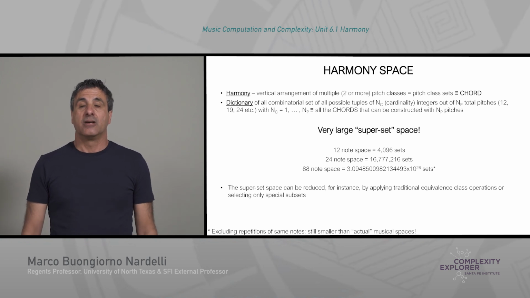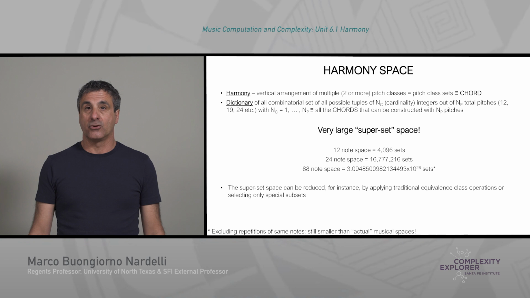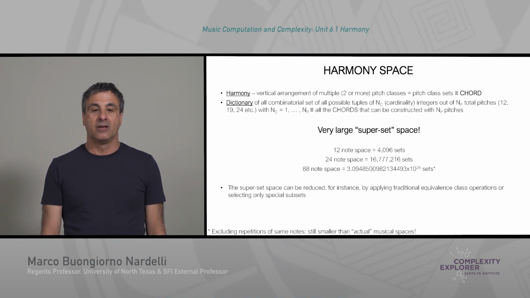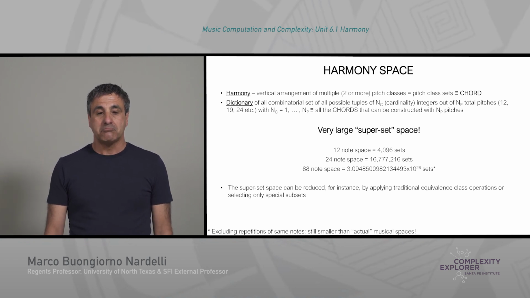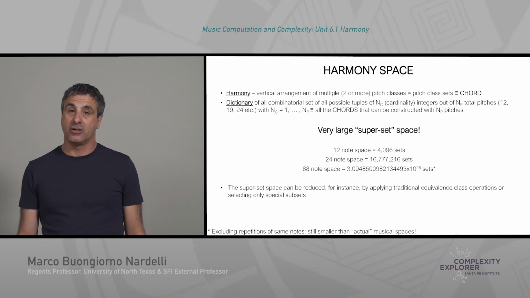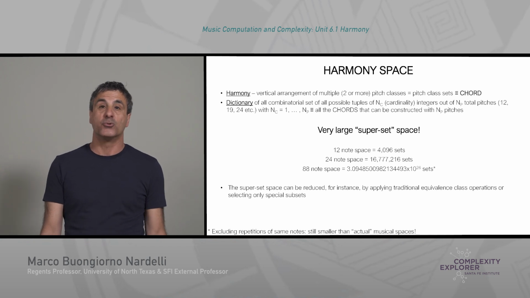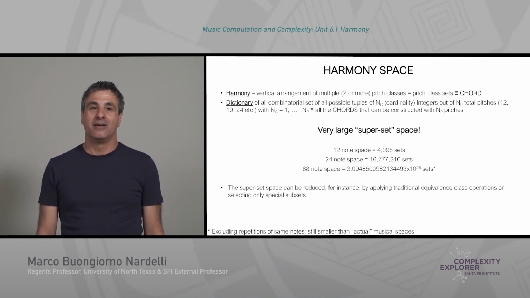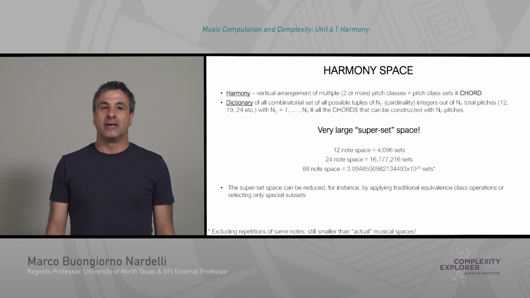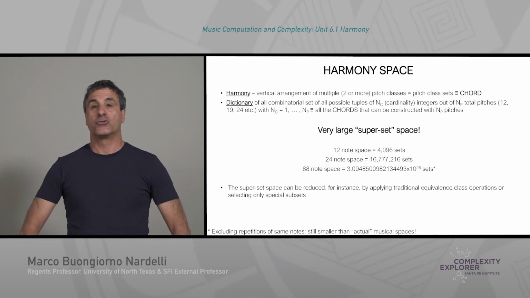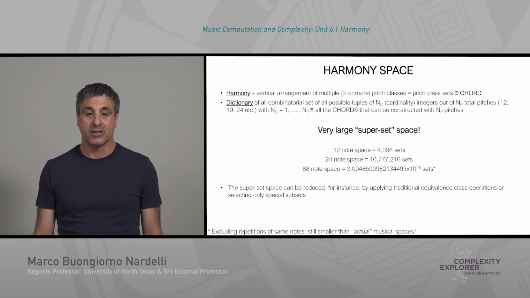For instance, using permutation and combination of different dimensions. So we can construct a dictionary of all the possible combinations of notes, vertical combinations of notes, between a dimension of, say, 2, that is the minimal superposition of 2 notes playing simultaneously, or even 1, like the unison, and 12, where we use all the pitches that we have at our disposal in the scale.